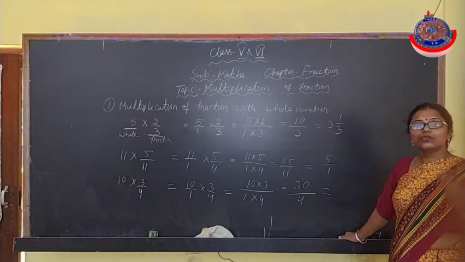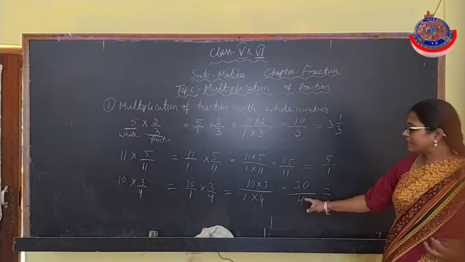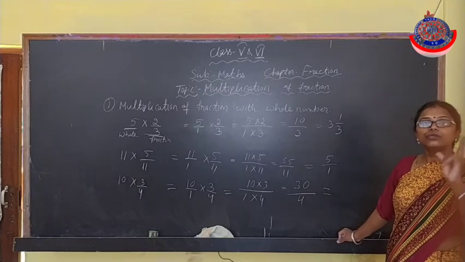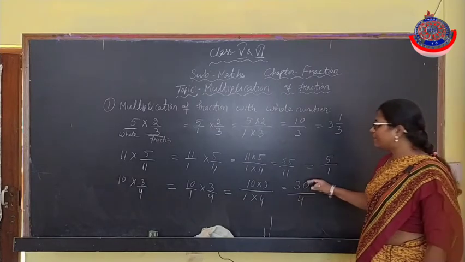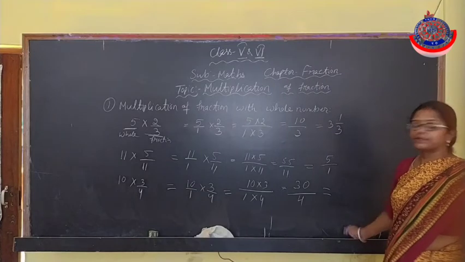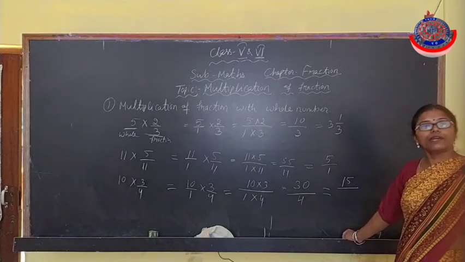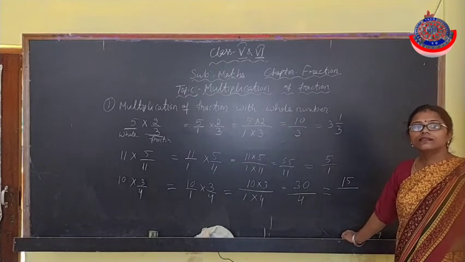Yes, it is 2 only. That means we have to divide 30 and 4 by 2. When we divide 30 by 2, what will be the answer? Yes, it is 15. When we divide 4 by 2, what will be the answer?